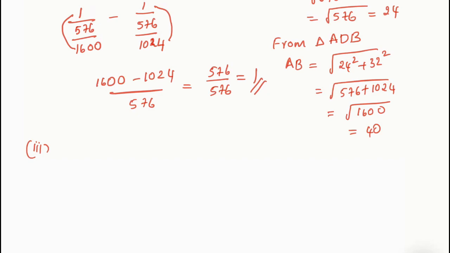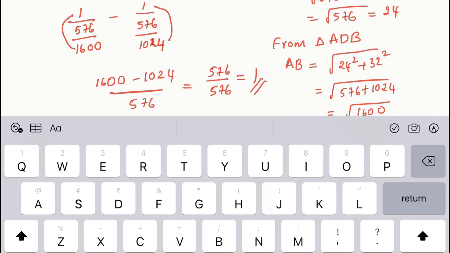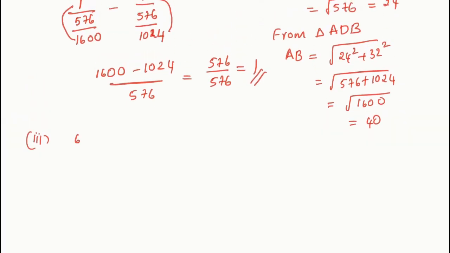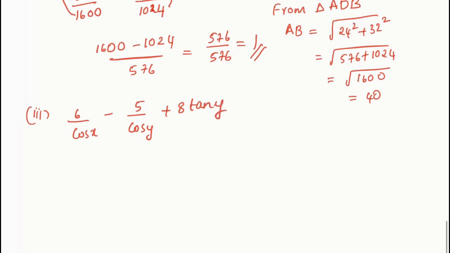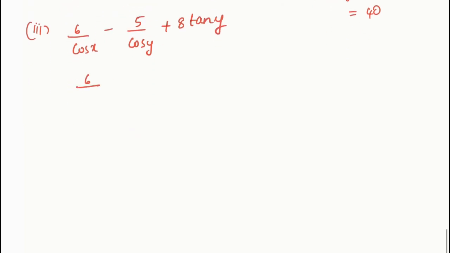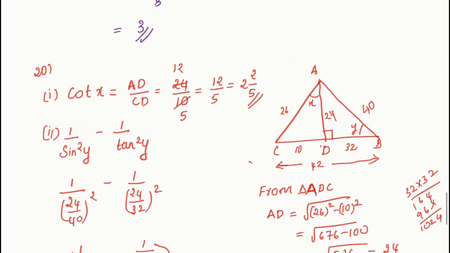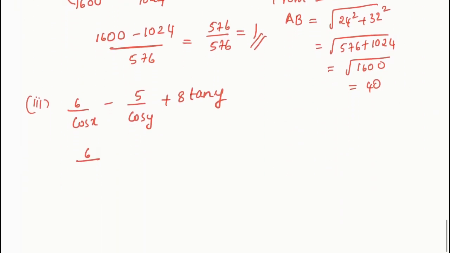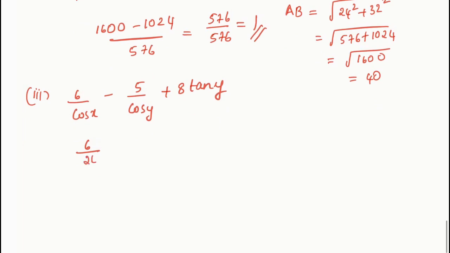Now coming to the third sub question. What do you have in the third sub question? Have a look: 6 by cos x minus 5 by cos y plus 8 tan y. Substitute. 6 by cos x. Cos x means base by hypotenuse, that is 24 by 26, minus 5 by cos y.